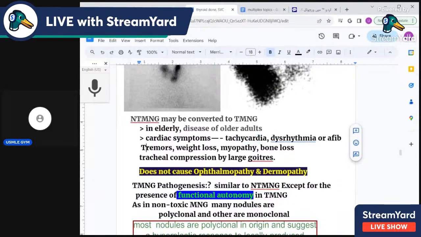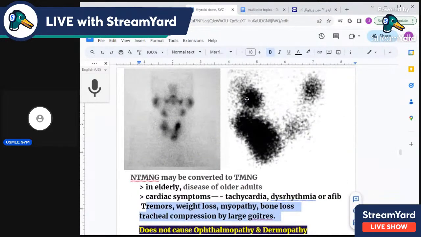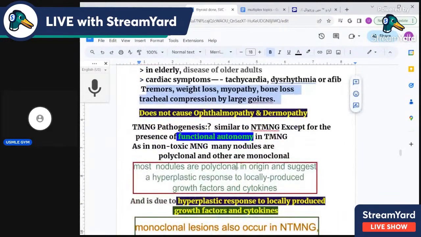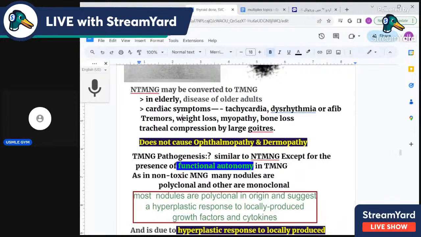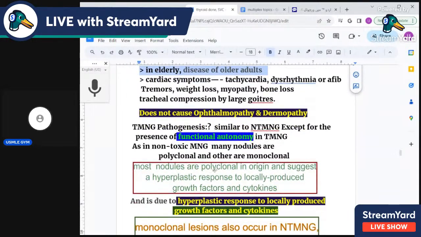They have tremors, weight loss, myopathy, bone loss, tracheal compression. But they do not cause ophthalmopathy or dermopathy. This is a disease of the elderly and the second most common cause of thyrotoxicosis.